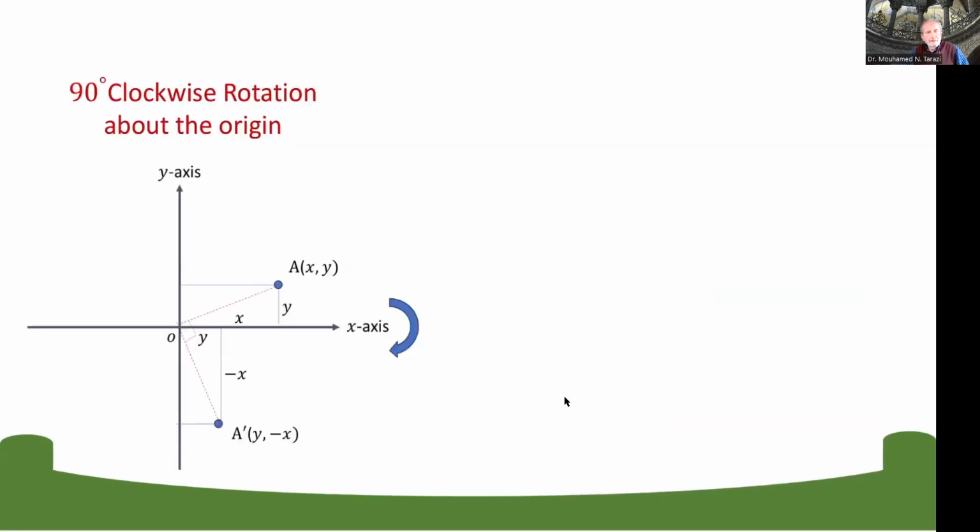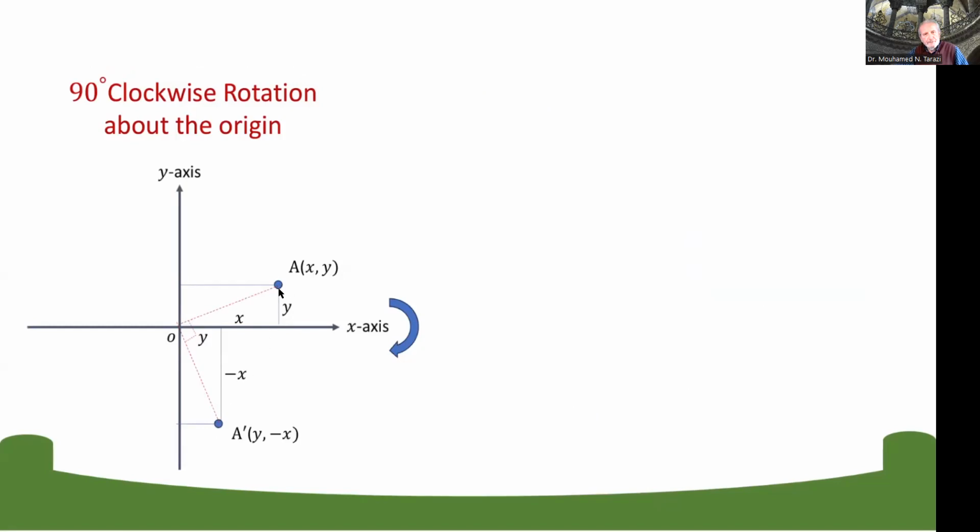Now, the rotation is a little bit more complicated, yes. So this is a clockwise rotation. Clockwise is going to the right like this. So this point here, A(x, y), is going to be this.